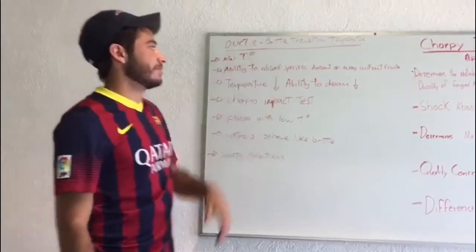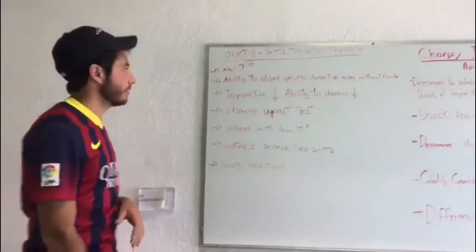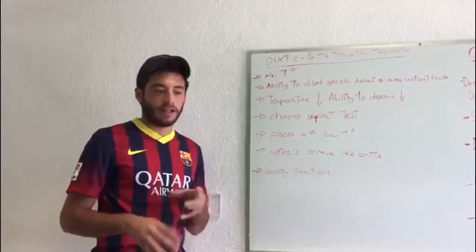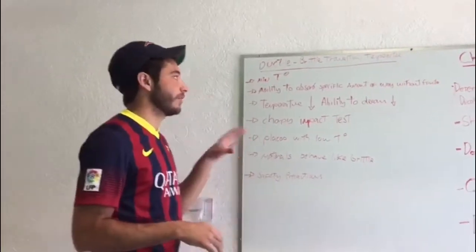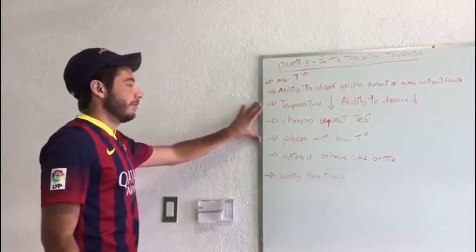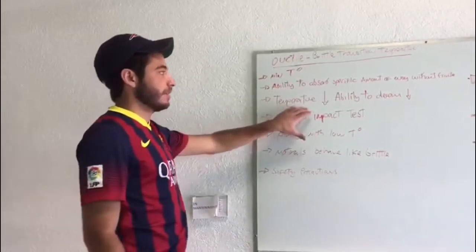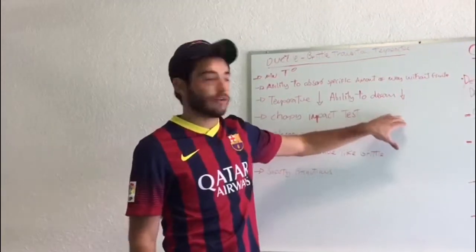The ductile-brittle transition temperature is the minimum temperature at which a given material has the ability to absorb a specific amount of energy without fracture. So, when the temperature decreases, the ability to deform also decreases.